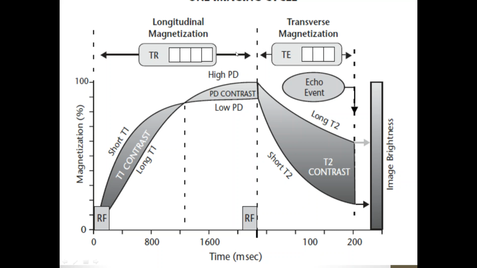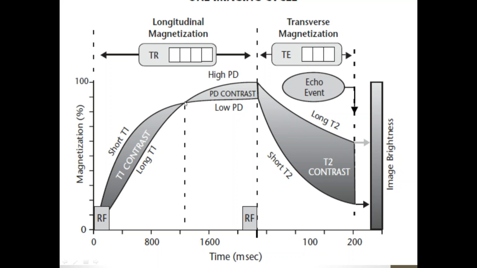So we will select long TR, okay, so the effect of this is the T1 sequence and this is the T2 sequence. Here, if we select long TR, after we apply the radio frequency pulse and switch off, the longitudinal magnetization for short T1 and long T1 recovers again to reach this value.